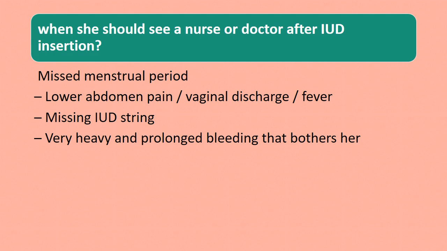Then when she should see a nurse or a doctor after intrauterine device insertion: a missed menstrual period, lower abdominal pain, vaginal discharge, fever, or a missing intrauterine string. She can normally feel the string, which is a tail-like, thread-like portion.